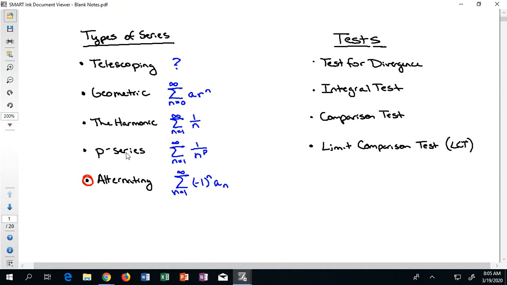It's not any of the other types of series. I can't do a limit comparison test because I have negative things. I can't do a comparison test because I have negative things. I can't do an integral test because I have negative things. Well, then that looks like there's only one test left. And maybe it is the test for divergence.